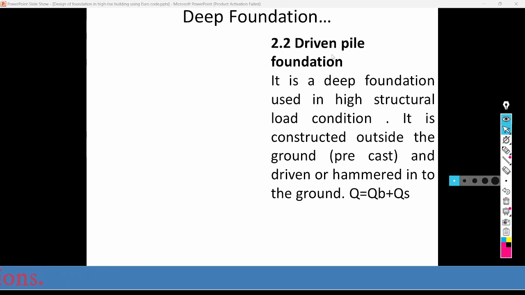So in the case of driven pile, the capacity of the driven pile equals the end-bearing capacity plus the side frictional resistance of the driven pile, which is similar to that of the bored pile. And we will see it in a later tutorial in detail.